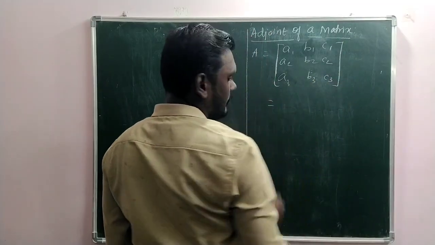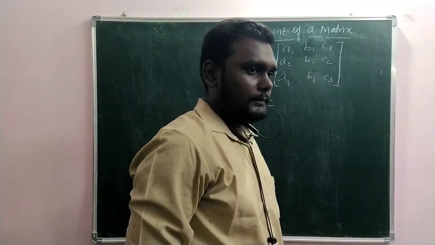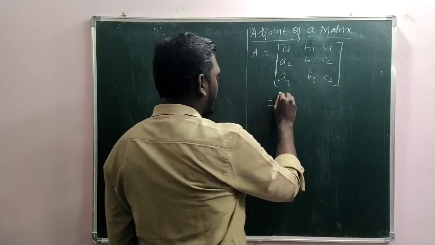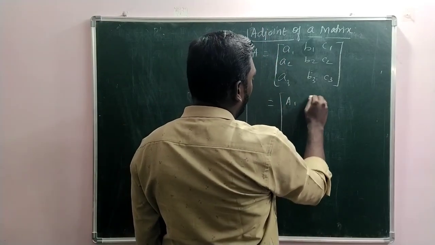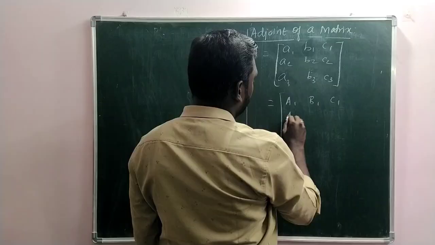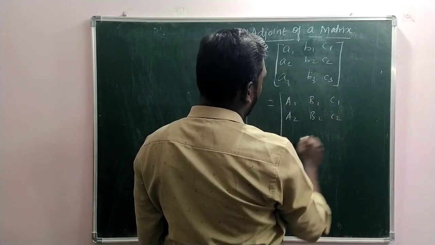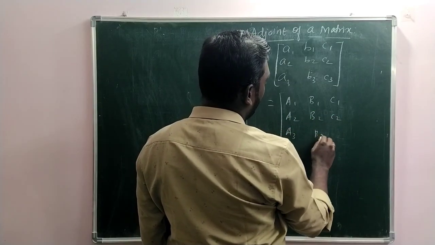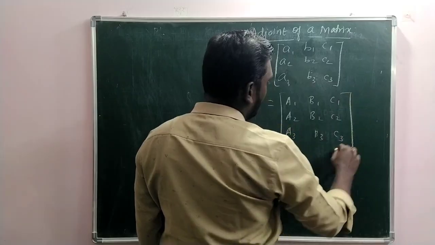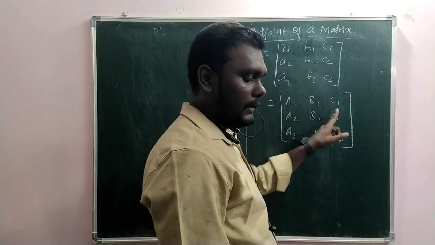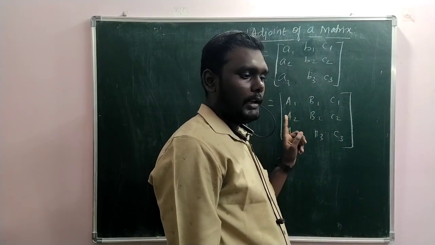So, okay, for this we'll write the cofactor matrix. Remember what is the cofactor matrix? This is A1, B1, C1, A2, B2, C2, A3, B3, C3. That means each one is a cofactor of that corresponding element.